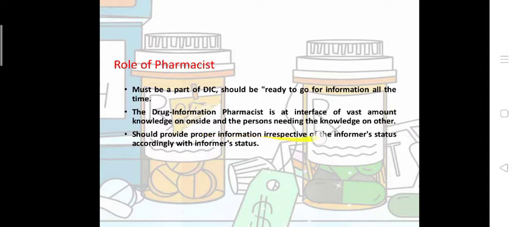He maintains a proper inventory of the informer status, and accordingly, अगर वो मेडिकल प्रोफेशन है, नॉन मेडिकल प्रोफेशन, whatever it may be, he seeks information. अगर उसकी रिक्वेस्ट आई है तो उस तरीके से उसके इन्फॉर्मेशन को गैदर करके प्रोवाइड करना is based on all the knowledge of that particular pharmacist. So the pharmacist has a very important role in any DIC, that is drug information center.